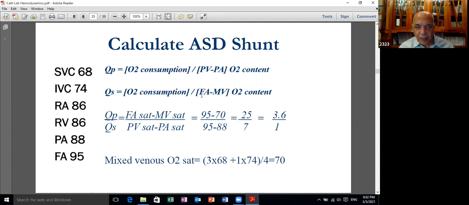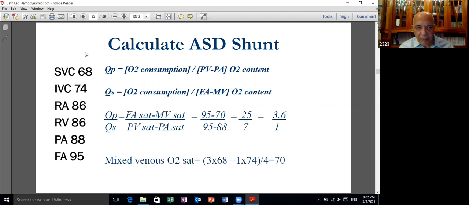If you solve the equation, it turns out that QP over QS is equivalent to the femoral artery oxygen saturation minus the mixed venous oxygen saturation, divided by the pulmonary venous oxygen saturation minus the pulmonary artery oxygen saturation.